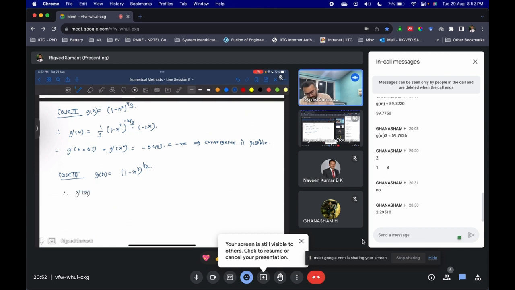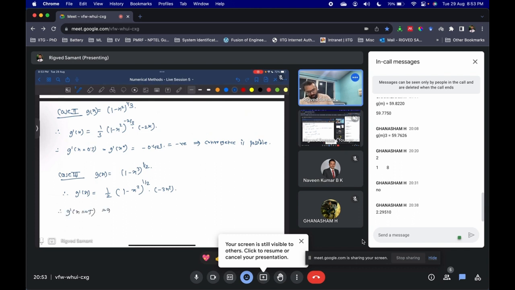Therefore g dash of x is equal to 1 by 2 (1 minus x cube) raised to 1 by 2 minus 1, that is minus 1 by 2, into minus 3x square. With x0 equal to 0.5, again you will check.